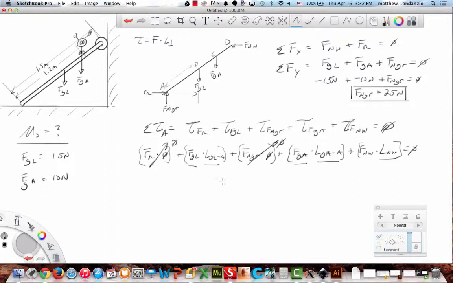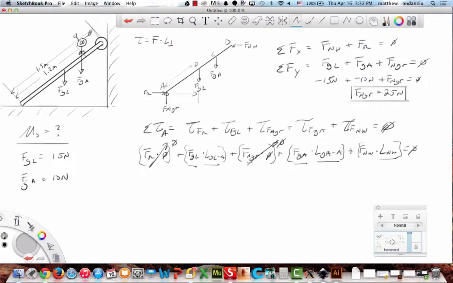All right, but you see why you would choose A versus B. Because you don't know any of the lengths around B. No, I can find the lengths. I know the lengths. I just don't know, if I choose B, then I have two forces that I don't know. You can't solve it with more than 2 variables. Look, I put it around A, so the FR torque goes to 0.